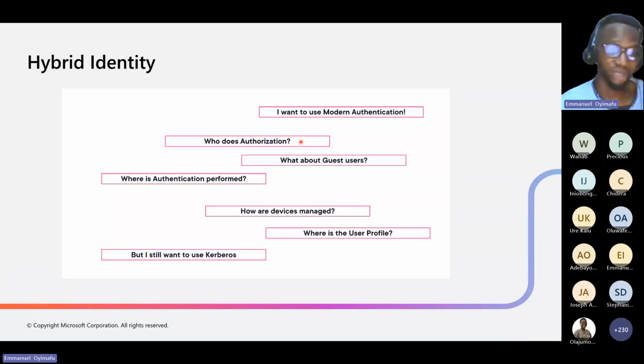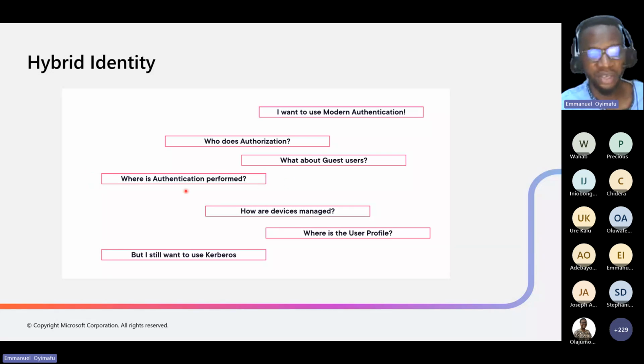I know Madam Titi explained it, so I'm just going to say something about it too. Then what about guest users? Then where is authentication performed? Is the authentication only performed on-premise, or is it performed both on-premise and in Entra ID?